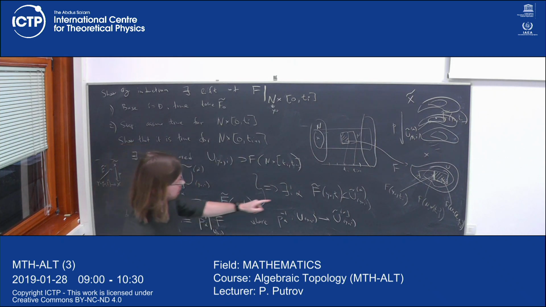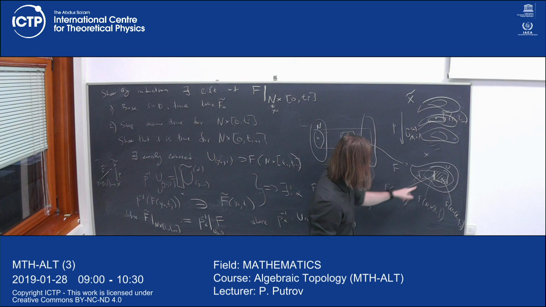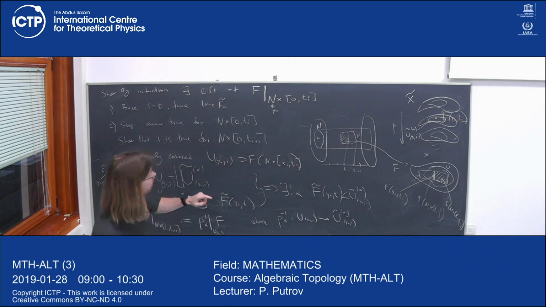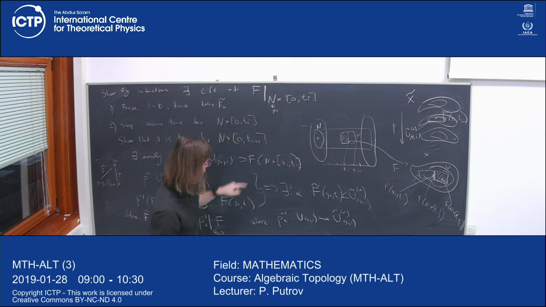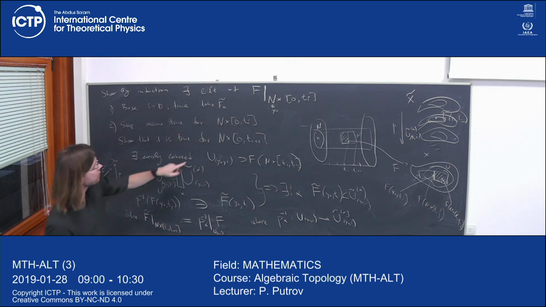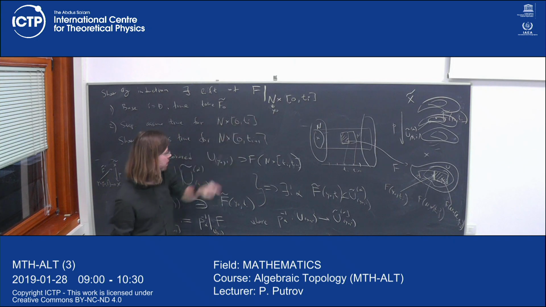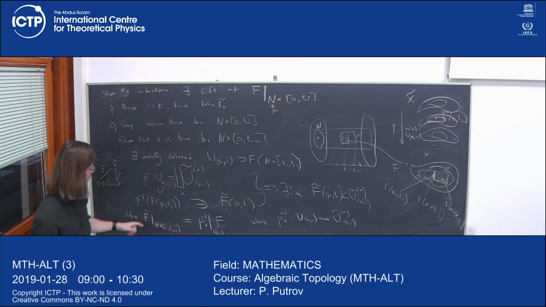Well, again, let me mention some subtleties. Here we assumed that the lift exists for some neighborhood N of y0.